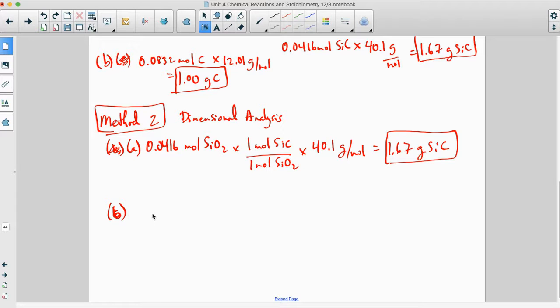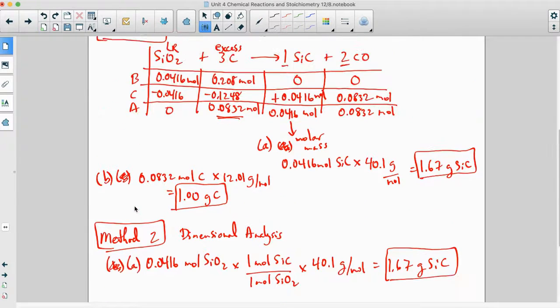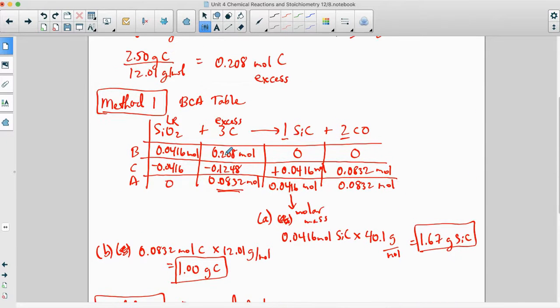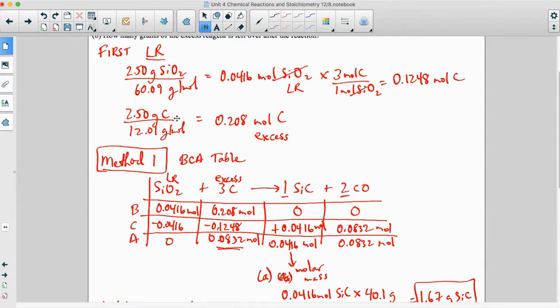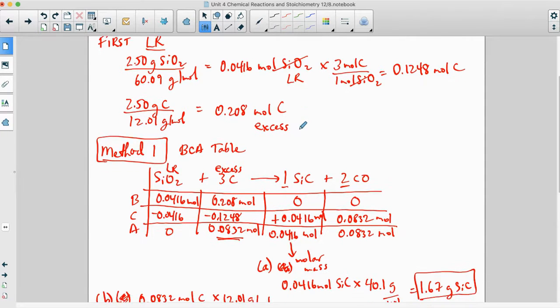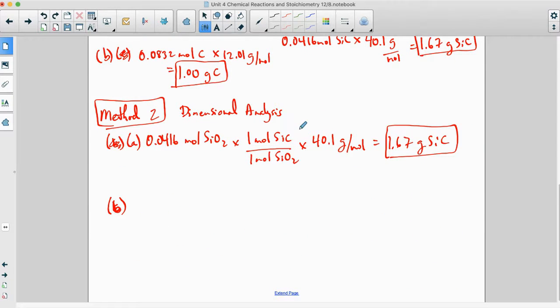We know that's the carbon. We have to figure out how much carbon is used up in this reaction. So you can see that here it's all set up for you in the BCA table, but in using the second method, all we have is this. We know the moles of carbon, and that's about it. So what we can do is take that moles of SiO2, that's our limiting reactant, and figure out how much carbon is used to react that limiting reactant away.